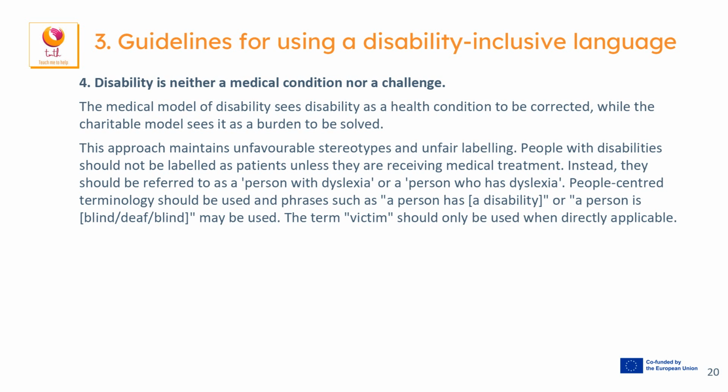Instead, they should be referred to as a person with dyslexia or a person who has dyslexia. People-centered terminology should be used, and phrases such as a person has a disability or a person is blind, deaf may be used. The term victim should only be used when directly applicable.